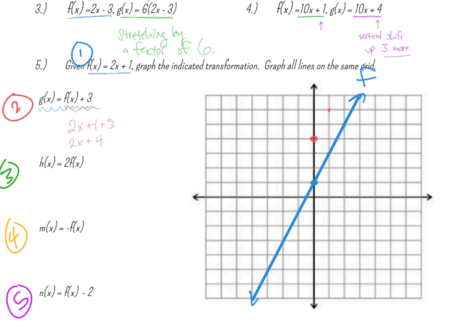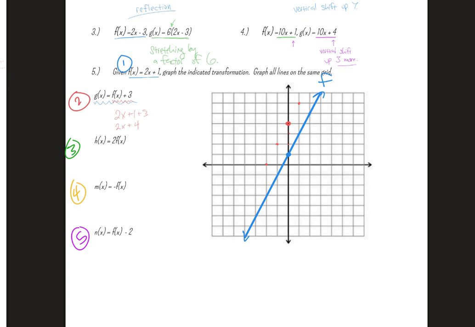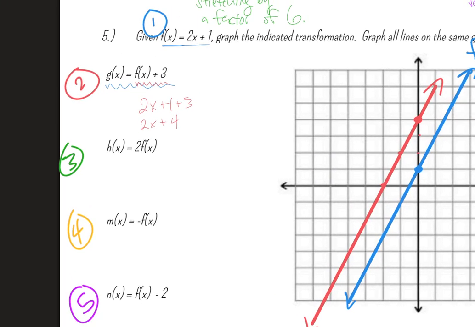The slope is still 2, so it looks like this, just like that. And if you're like, hey, that's parallel to the blue line, yeah, it is parallel. That's just bonus info though. You don't have to actually do anything with that.